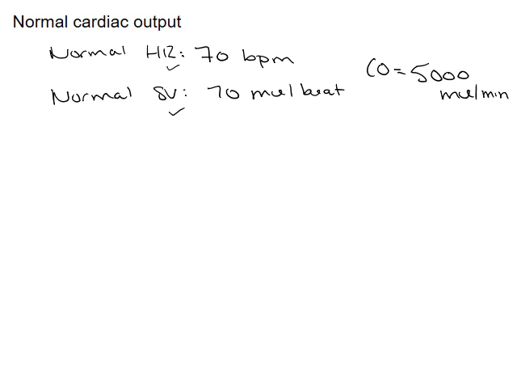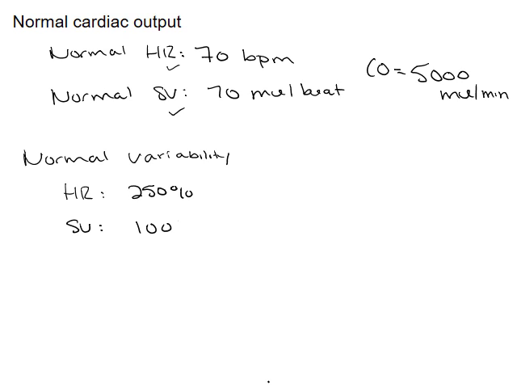Now, there's also kind of normal limits of variability. So heart rate can increase by up to 250%. And stroke volume can increase up to 100%.